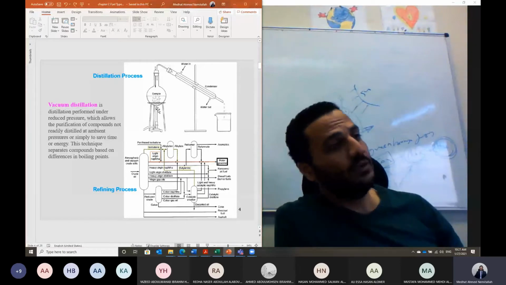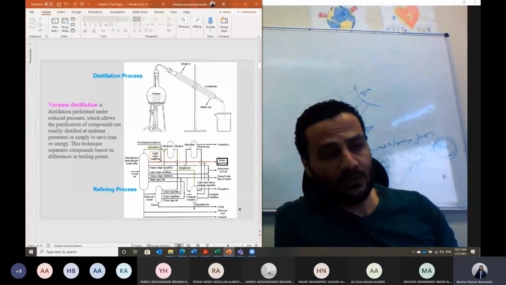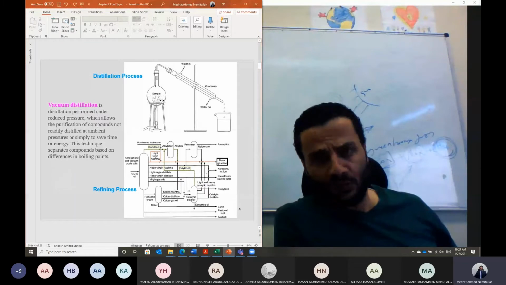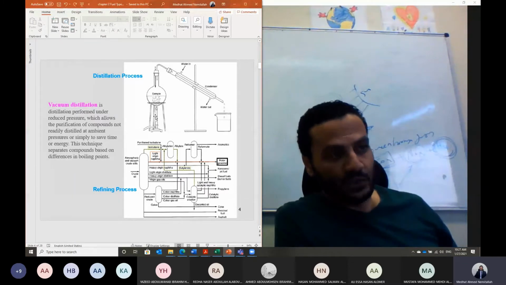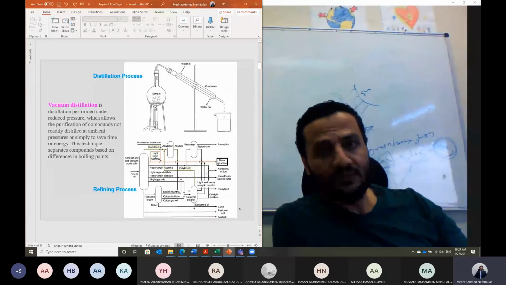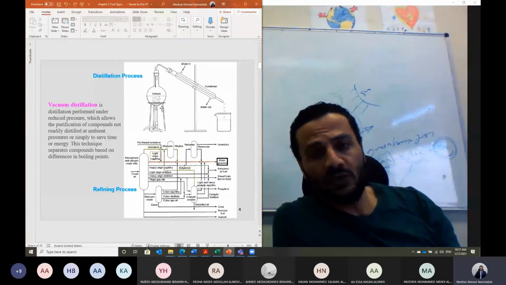So the idea is to have vacuum pressure inside the distillation column in order to reduce the boiling temperature, so that we can save energy, because this is thermal heating. So we need to reduce the temperature at which we have boiling.